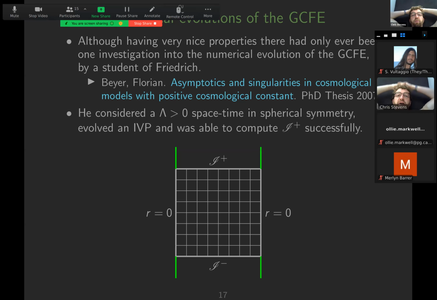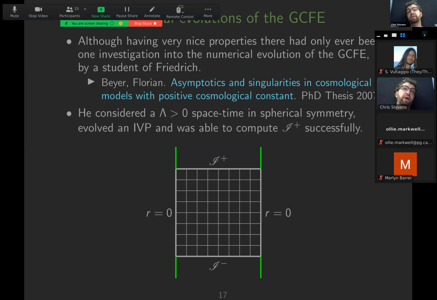Florian at Otago was actually the first one to look at these equations from a numerical perspective. So now we have this nice system of equations. We want to solve it numerically, but how do we do that, right? So he looked at de Sitter space, which is an asymptotically simple space-time. It had no boundaries.